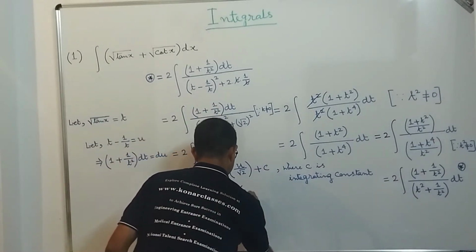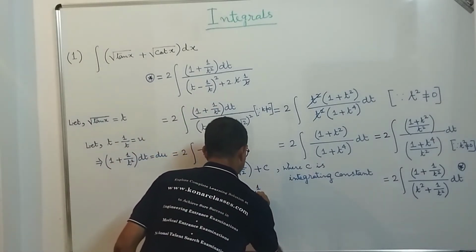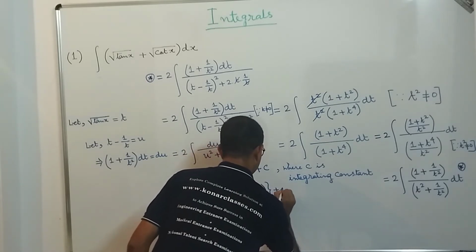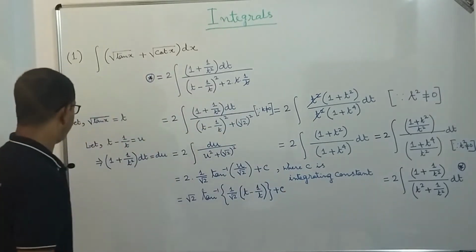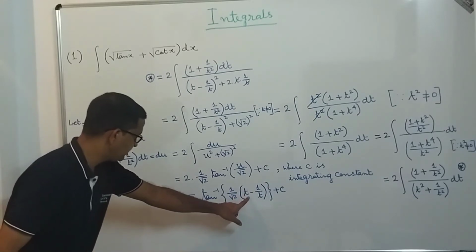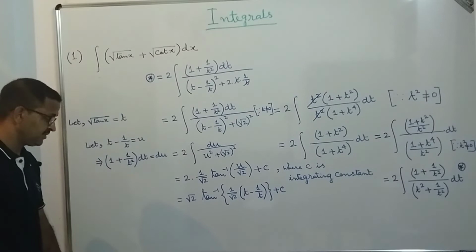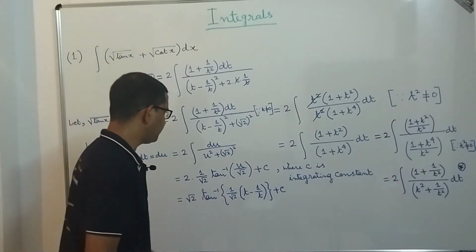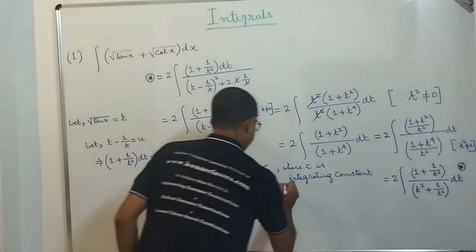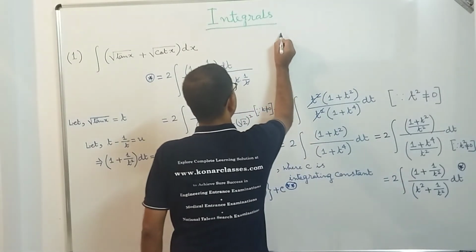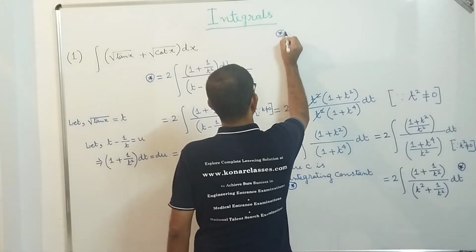So we can write t minus 1 by t, plus c. Now what is the value of t? The value of t is equal to the square root of tan x. So we can simplify a little bit here. Let me come to the top of this board.